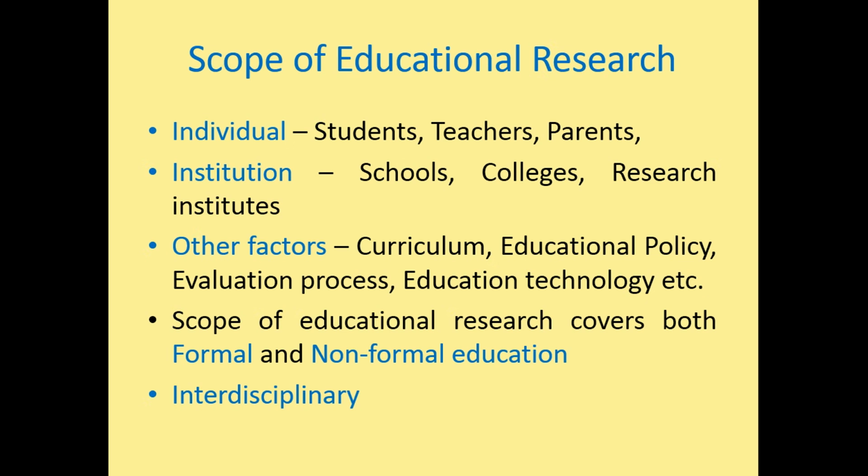In terms of educational research, it is related with individual level like students, teachers, parents, with institution level, schools, colleges, research institutes, etc. And it is also related with other factors like curriculum, educational policy, evaluation process, educational technology, environment of educational institute, etc. Scope of educational research covers both formal and non-formal education, and it has an interdisciplinary nature.